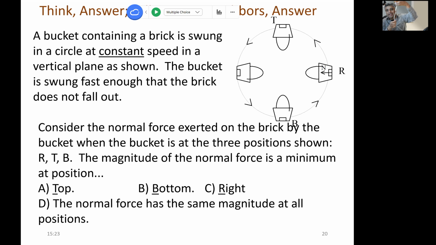If I don't catch it, we expect this to fall, right? But now, if I rotate it with at least a certain speed, higher than a certain speed, let's see. The ball is still inside.